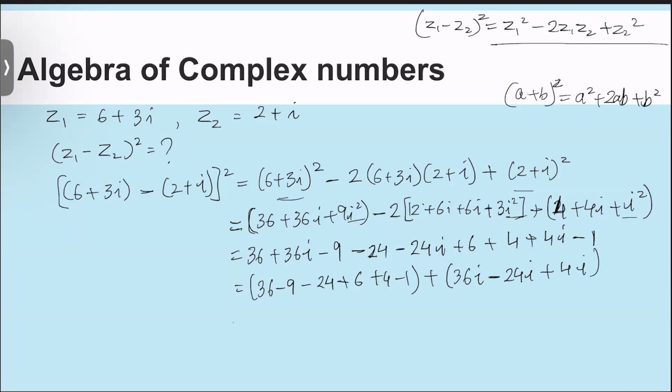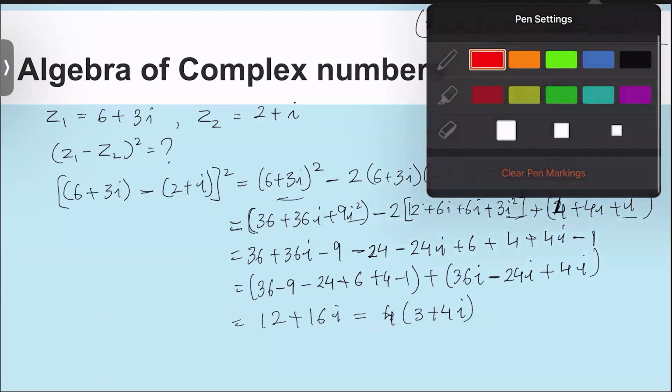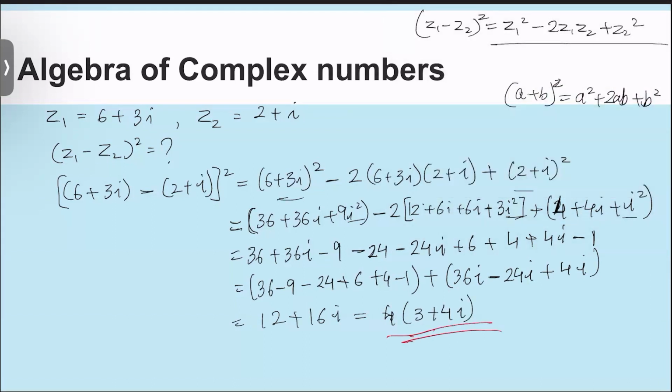So you calculate it, you get 12 plus 16i, and you can further reduce it by taking 4 out, 4 times 3 plus 4i. So this is your answer to this term.